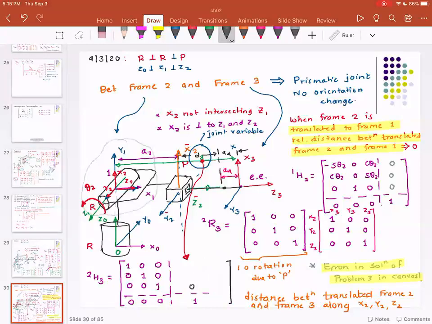Please note, this distance is along x2, this distance is along y2, and this distance is along z2. So the distance between these frames along y2 is 0. The distance between these two frames along z2 is A2 plus D3 plus A4 cosine theta 2.